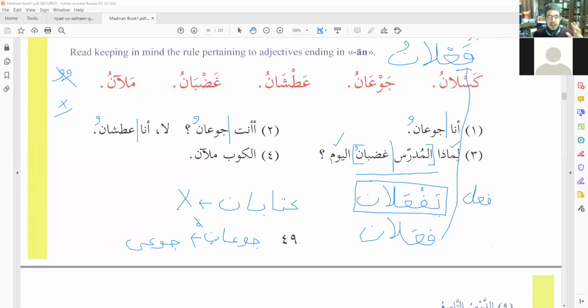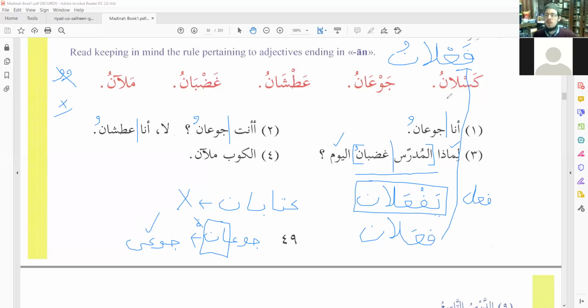So basically, because this type of word, kasilano, jo'anu, atshanu, has an alif and a nun, and because its feminine form is very different, this is what makes it mamnu' min as-sarf. If that's the only thing that you take away from this, that's what I'm trying to get at.